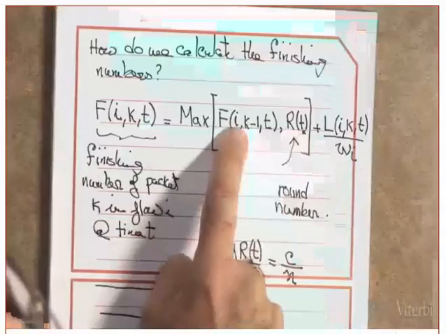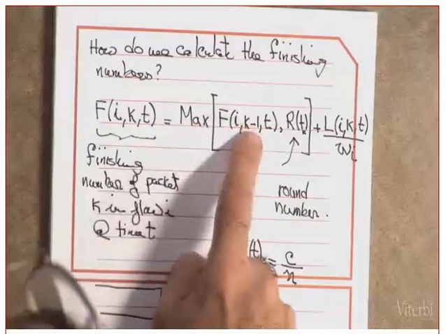GPS, to calculate the finishing number. Then the fair queuing will just look at the order. Which one would finish first in this case? Of course, this one will be finished first. Now, listen to me before I continue. Are they all going to get the same amount of service at the beginning? Keep that in mind.